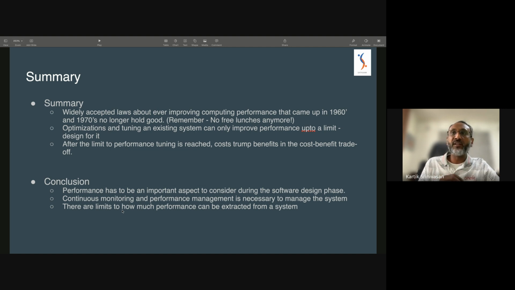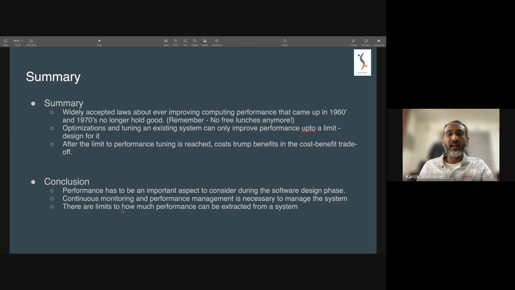There has to be ways in which you measure and visualize your performance metrics, and you have to figure that out right at the start of the design phase. And then there are obviously going to be some limits on how much performance can be extracted from a system. And so even when you're opting for, let's say, cloud services, etc., you need to start thinking about how you are going to scale up.